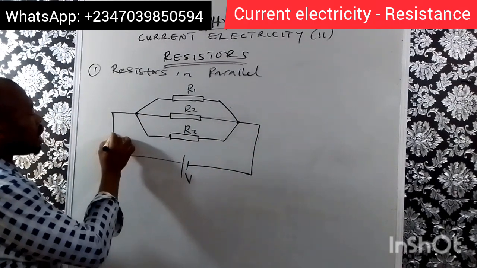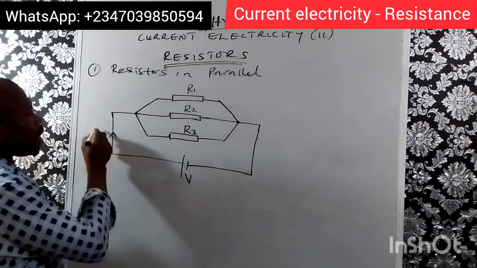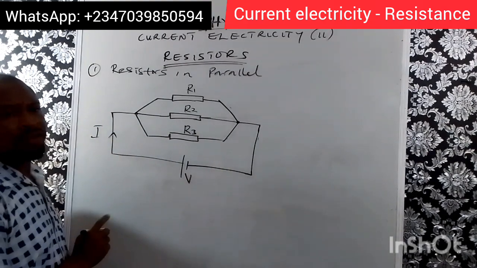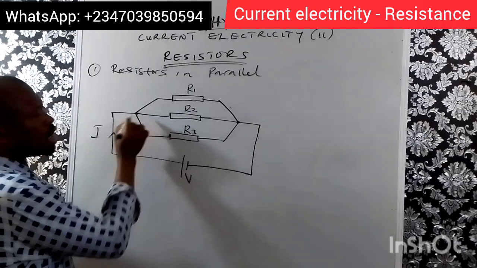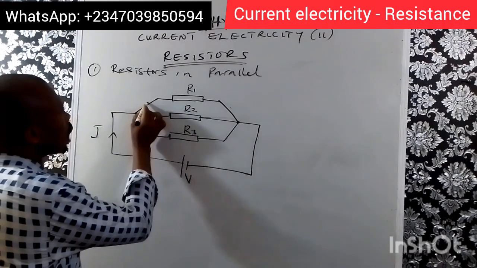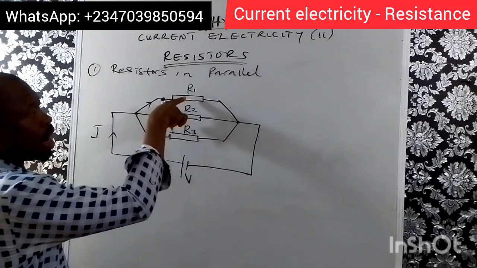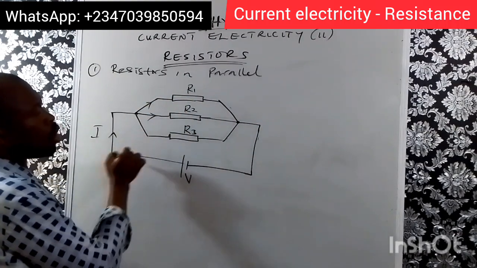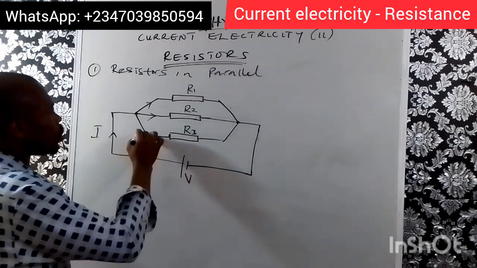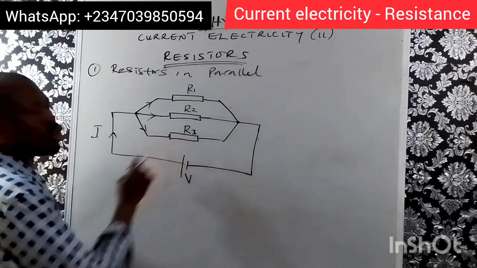If current I is flowing, on getting to this junction, it will split. Some will flow towards R1, some towards R2, and some towards R3.